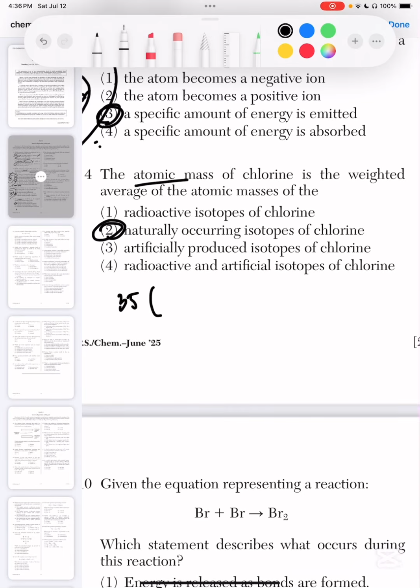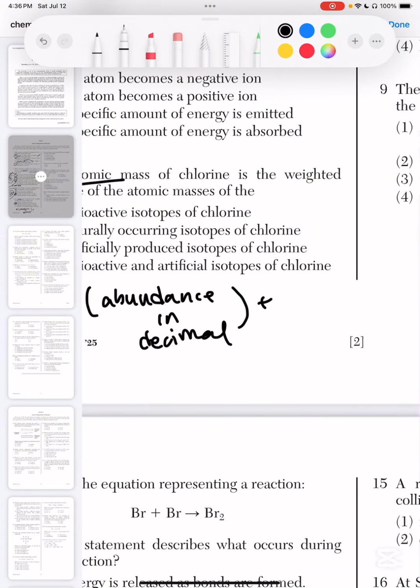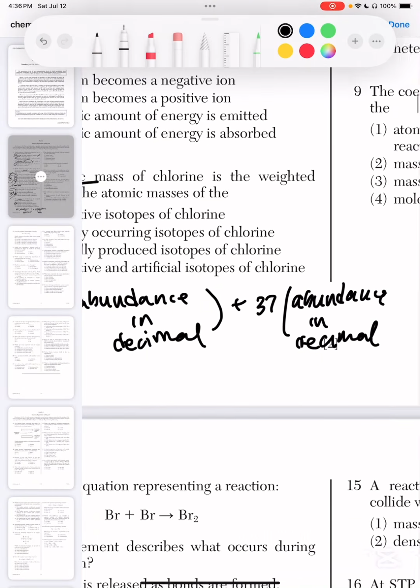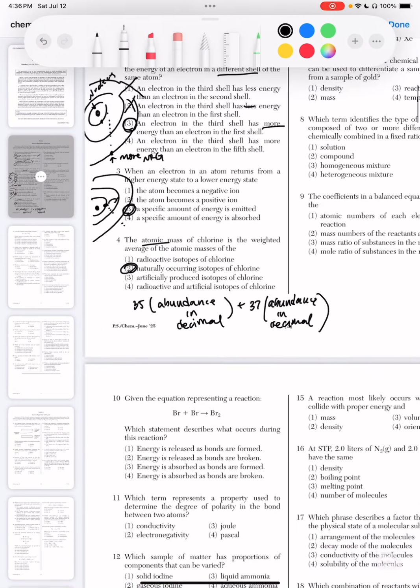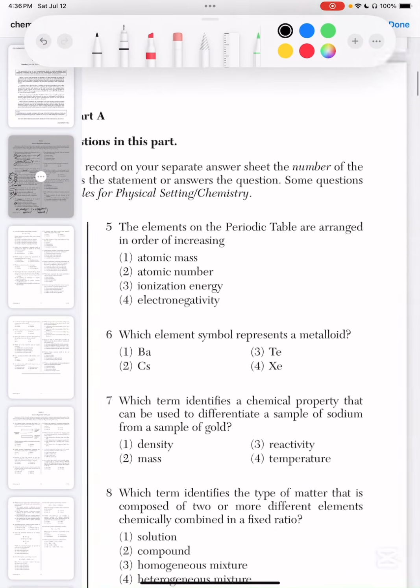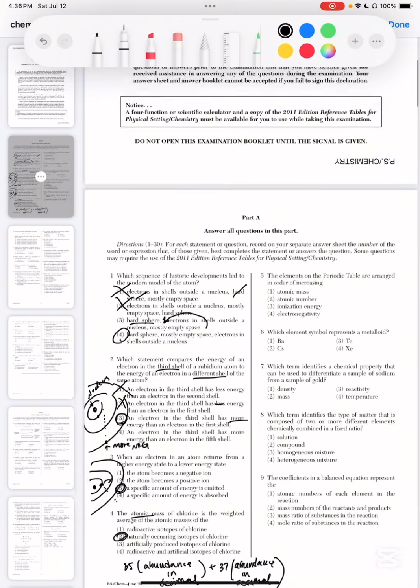So it would be 35, and then the abundance in decimal. And then plus the mass of the other isotope. I think it's 37, I'm not really sure though. And then abundance in decimal. And then the sum of these two would be your atomic mass. Oh wait, did I answer the question? Yeah, 2.